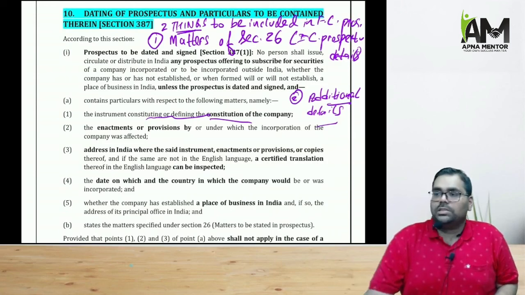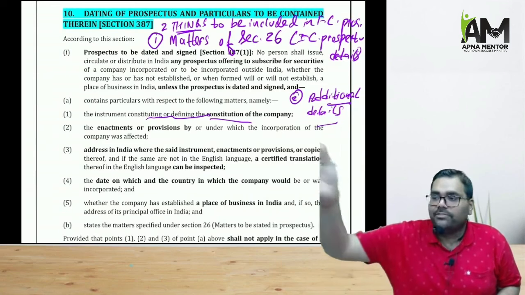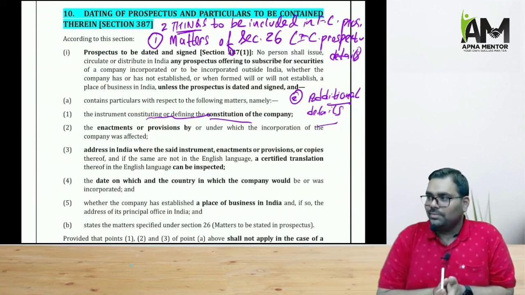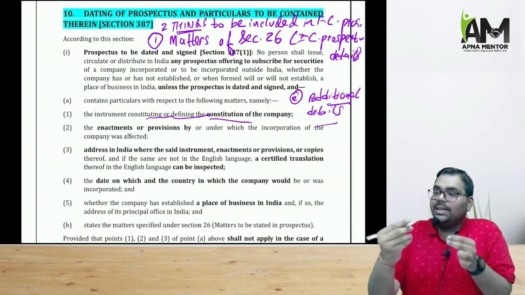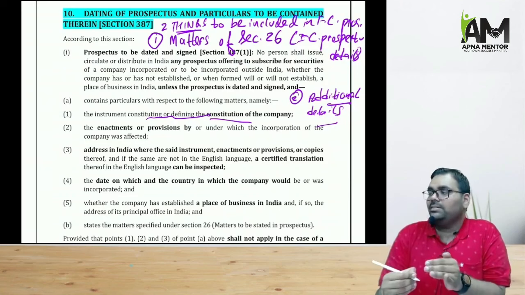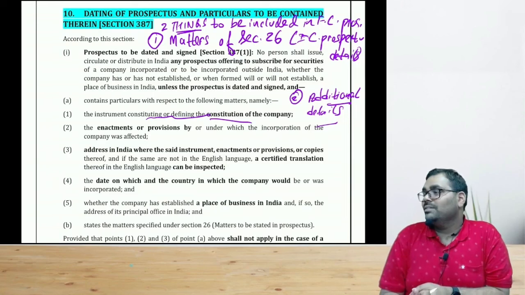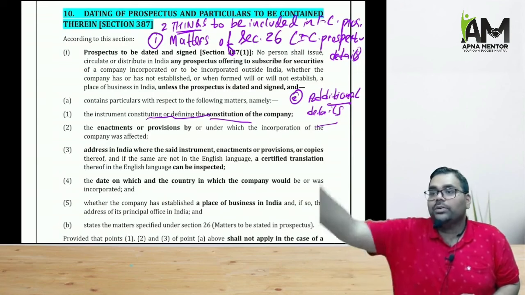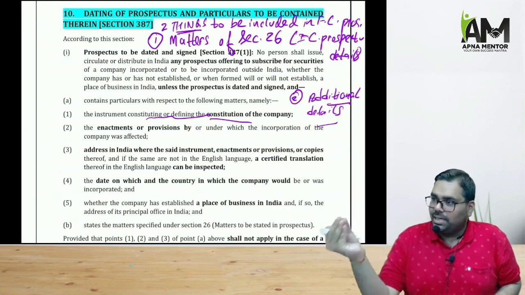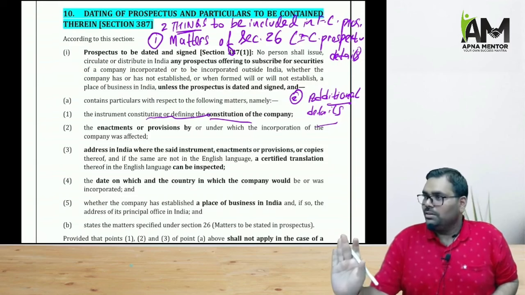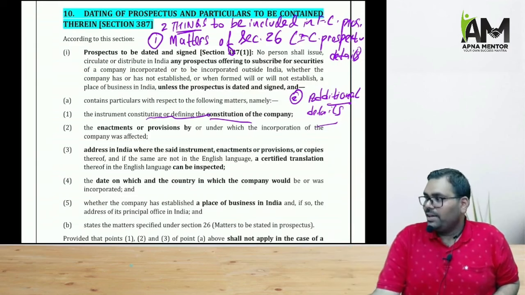The company is constituted under the UK Companies Act 1950, for example. So in the prospectus, the company will write what is our constitution, that we are set up under the UK Act or we are set up under the US Act. So that is something the company will define.